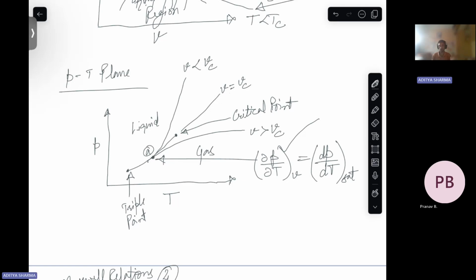Because from here only these are diverting to different isometrics, right? So in that case, first of all, this partial derivative becomes this full differential. Okay. And secondly, the slope will not be zero. Okay.